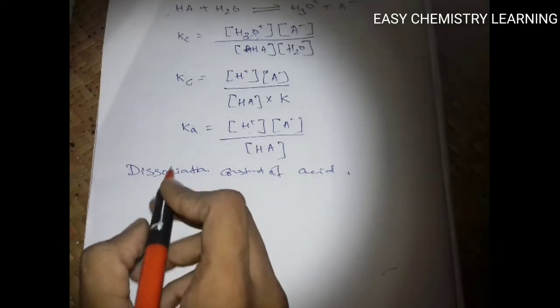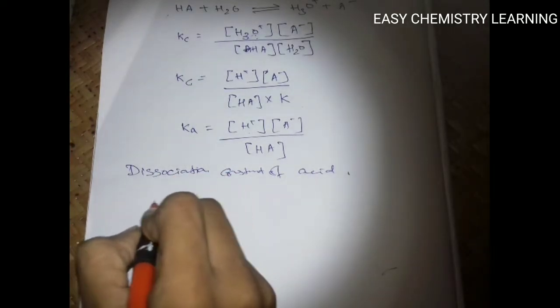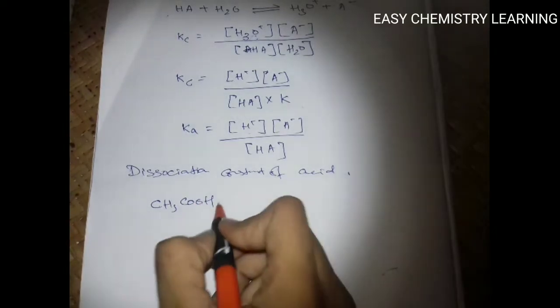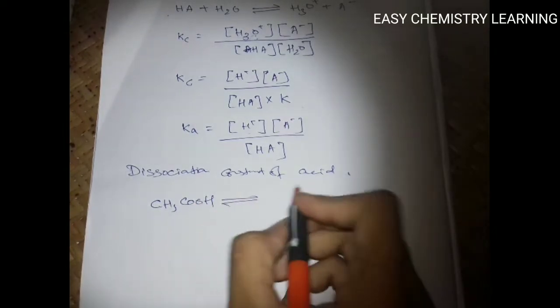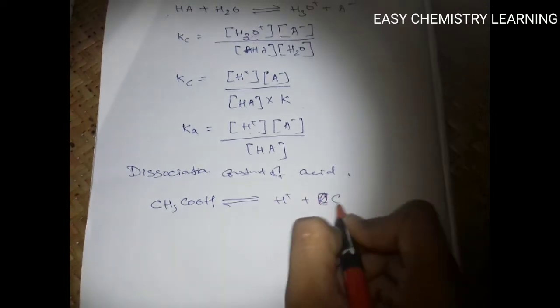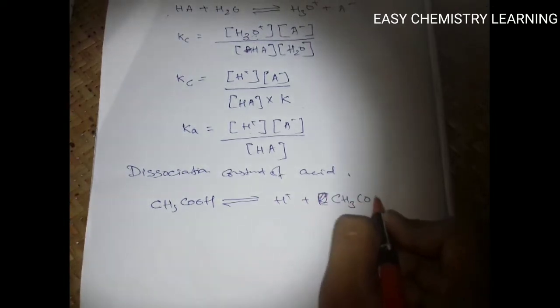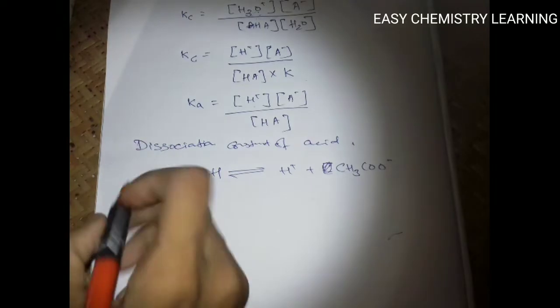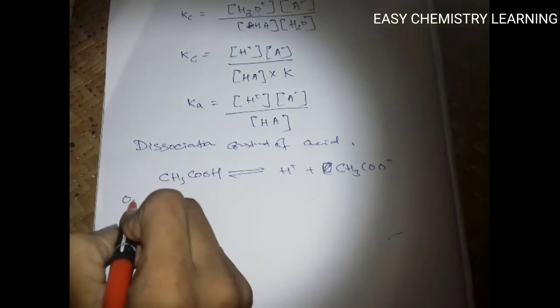Now let us consider an example of acetic acid. If it dissociates, it will form H+ and CH3COO-. First it will not dissociate; it has its original concentration.